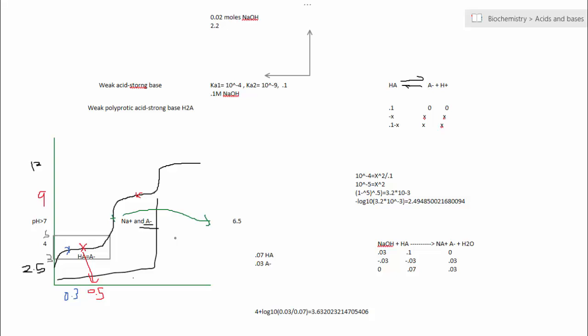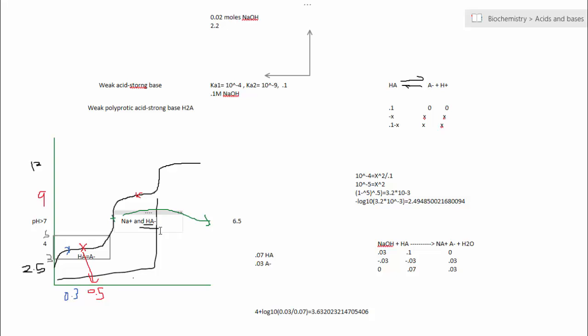If you notice, this is not greater than 7, and that's possible here because the species here are not Na and A minus, they are Na positive, sodium ion, and HA minus.